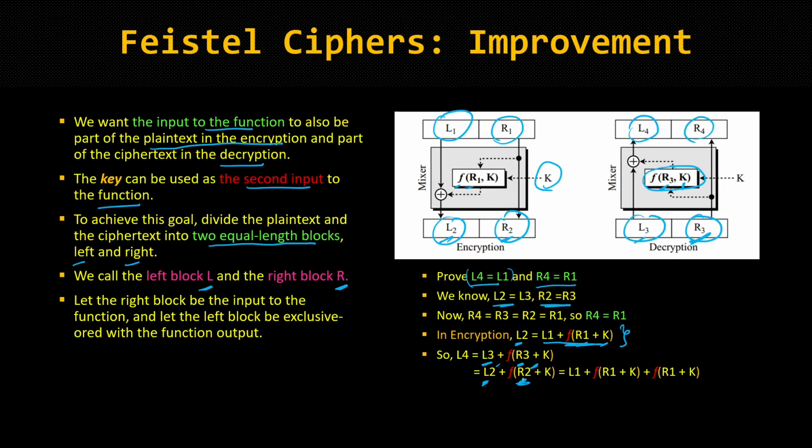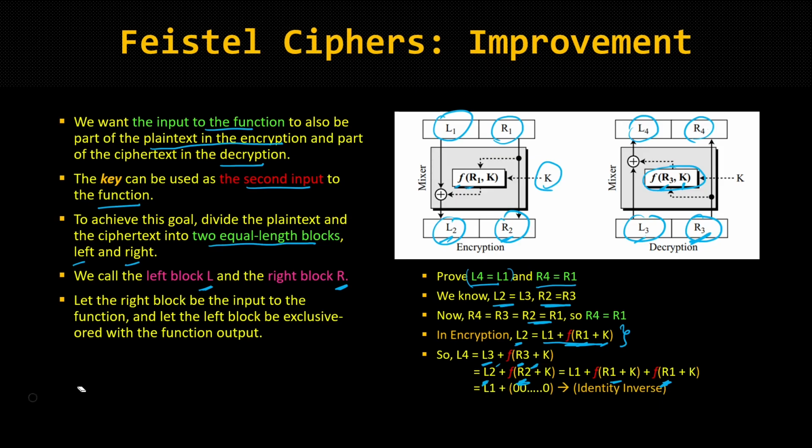Now here you can see this R2 is being changed to R1 because we know that R2 is equal to R1 as well. So what we are getting now is two identical units, and they are being XORed with each other. So this gives us the identity inverse.